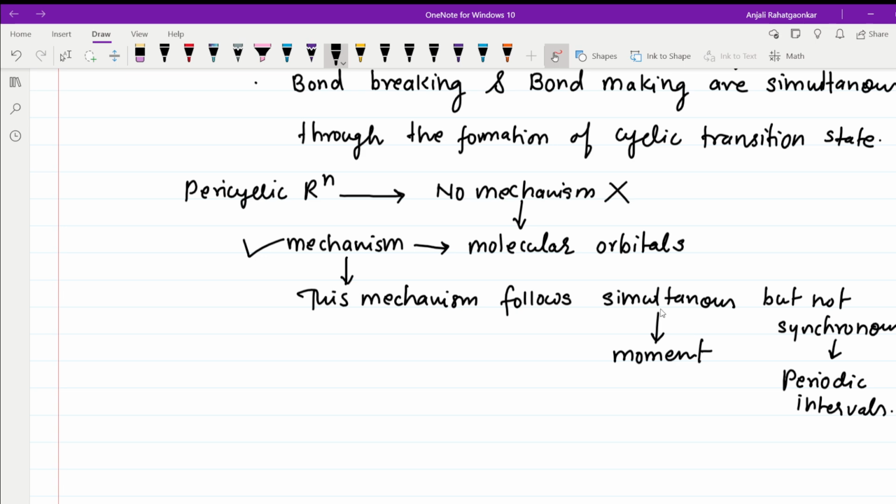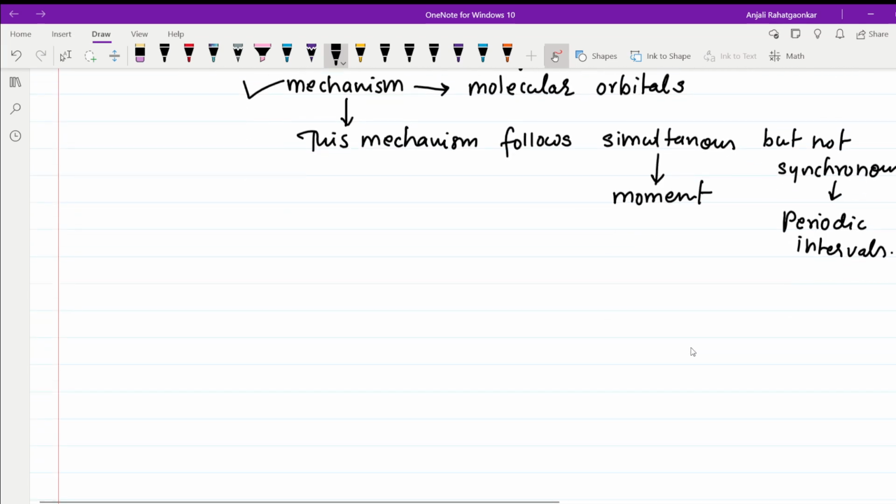Of course, the reaction takes place via formation of a transition state, that is a cyclic transition state. That is why this particular terminology is used for pericyclic. So why has pericyclic been used? There is a reason for that.